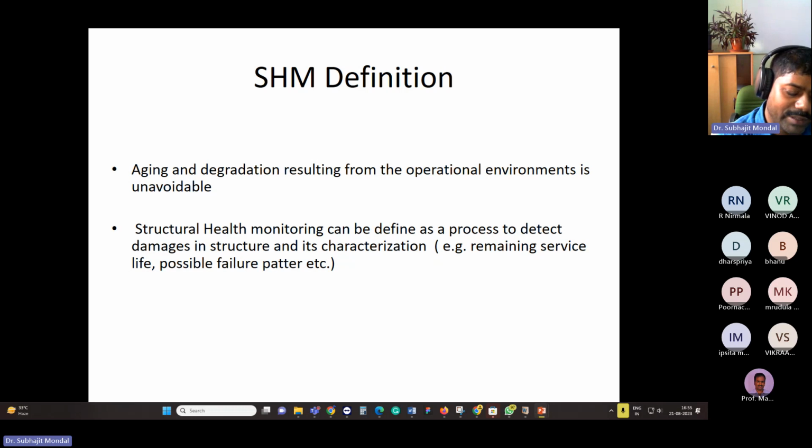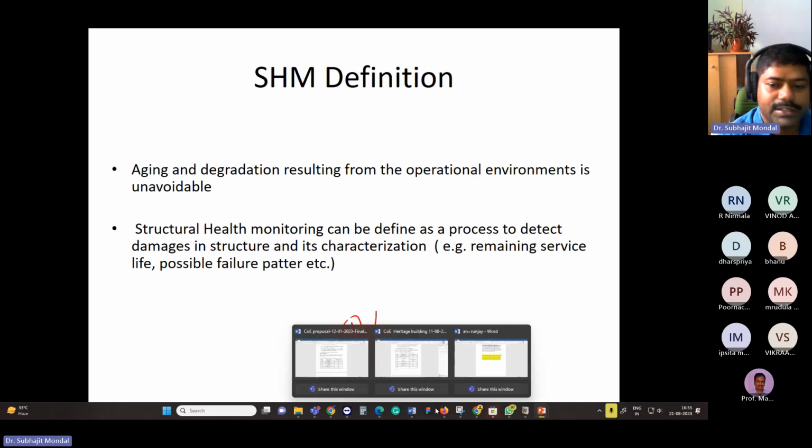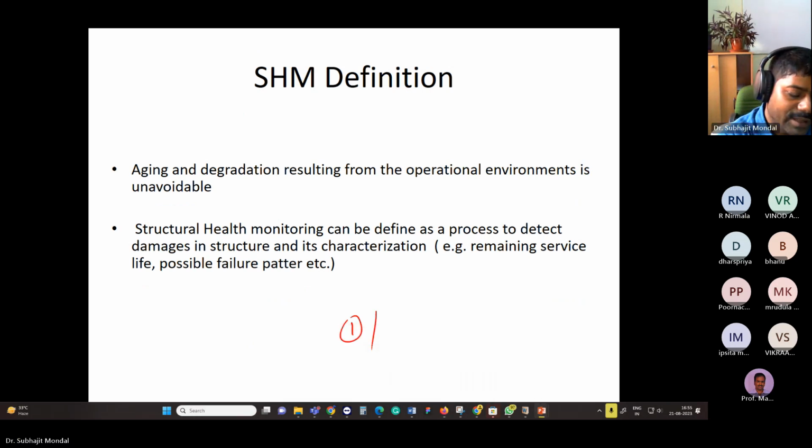First of all, we have to identify whether the structure is damaged or not. If the structure is damaged, then what is the location of the damage? If you are able to identify the location, then you have to identify the extent of damage.